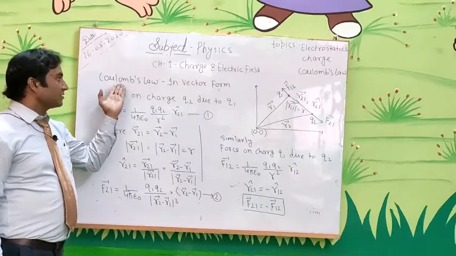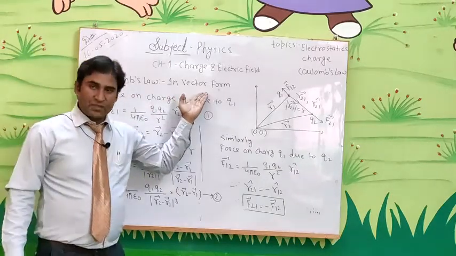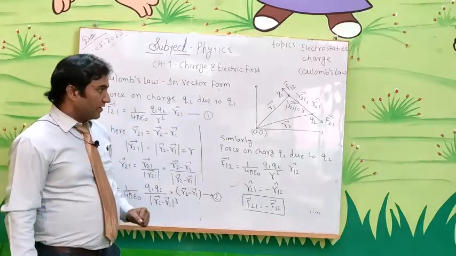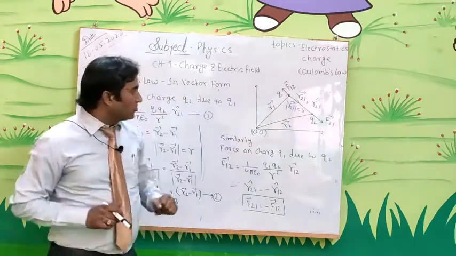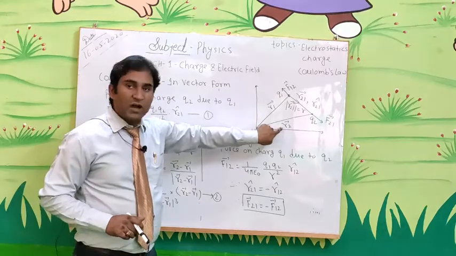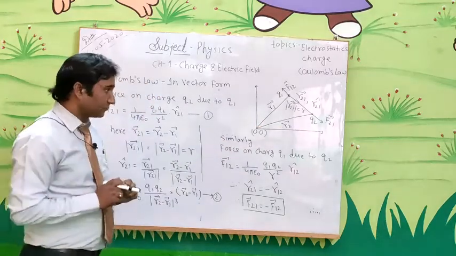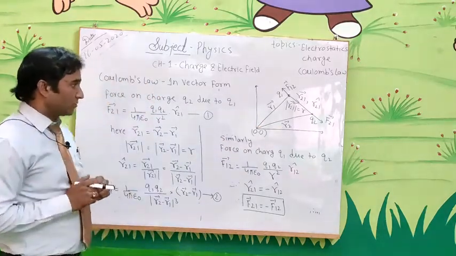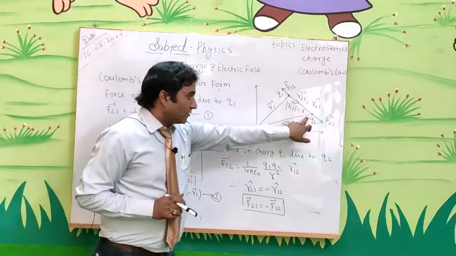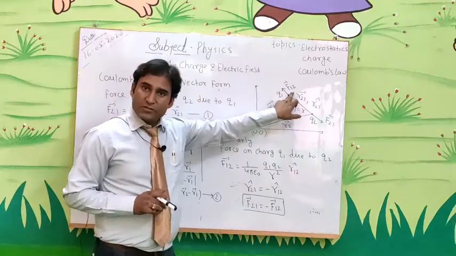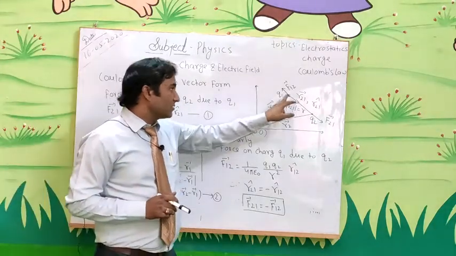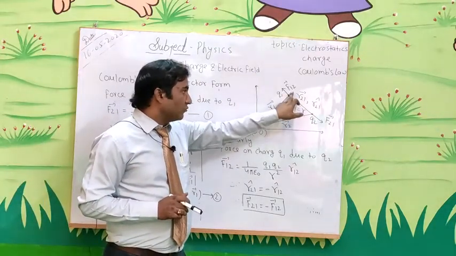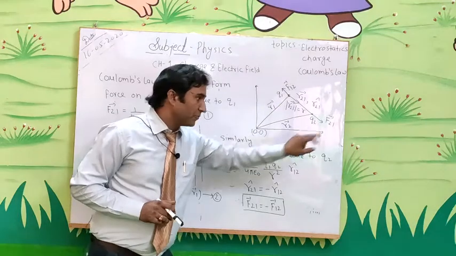Okay, now we will discuss Coulomb's law in vector form. You can see on the board that we have taken 2 point charges Q1 and Q2 which have the position vectors R1 and R2 with respect to the origin. Now we want the force on the charge Q2 due to charge Q1. In the same way, we can find the force on the charge Q1 due to charge Q2.